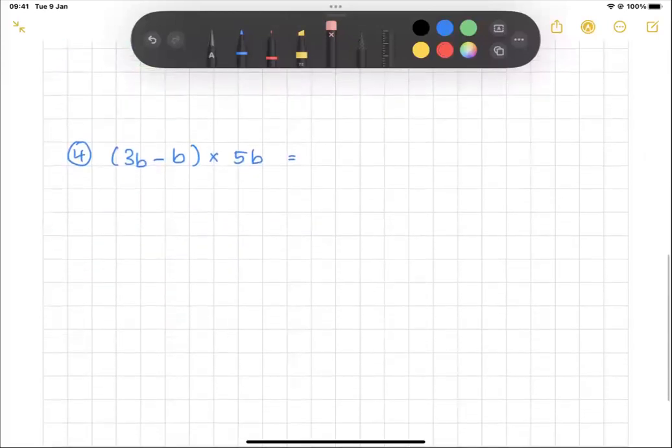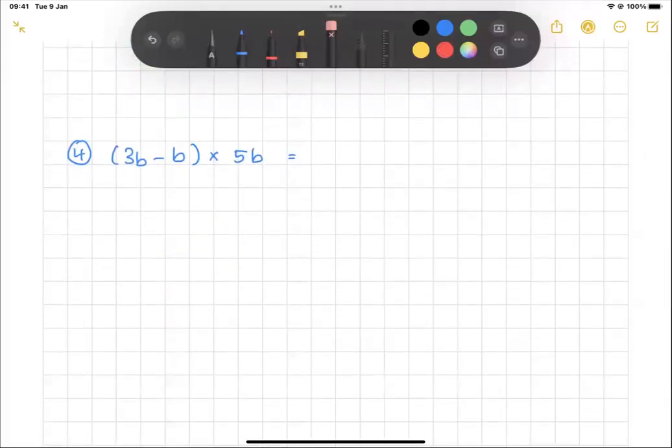Okay. My last question is bracket 3b minus b times 5b. Do I have a bracket? Yes, I do. So let's solve that first. Inside is 3b minus b. This b here has an invisible 1, so I'm just going to fill it out to make it easier. 3b minus 1b should be 2b.